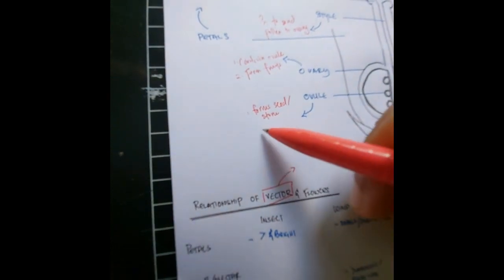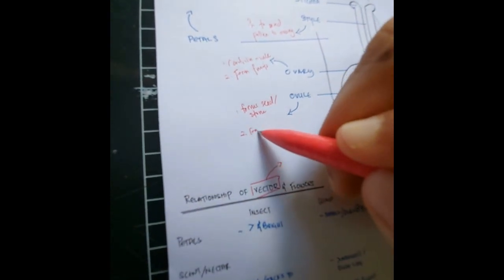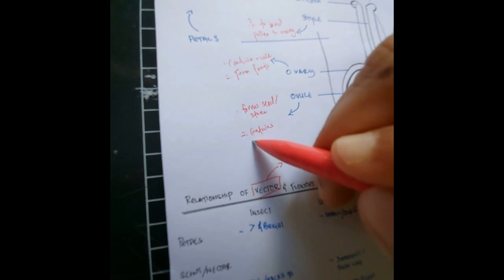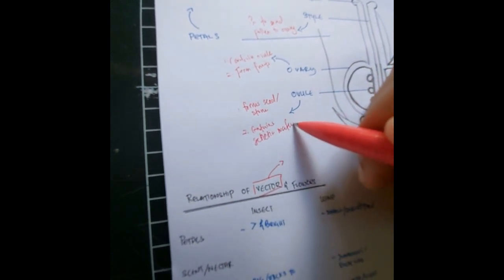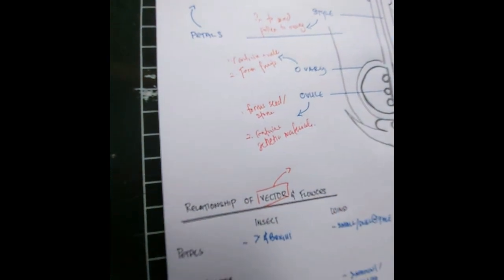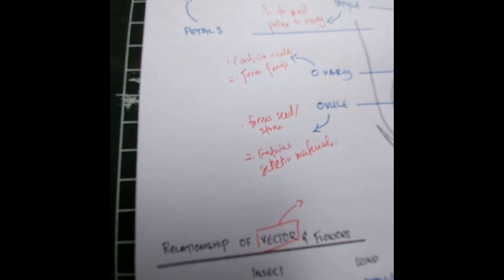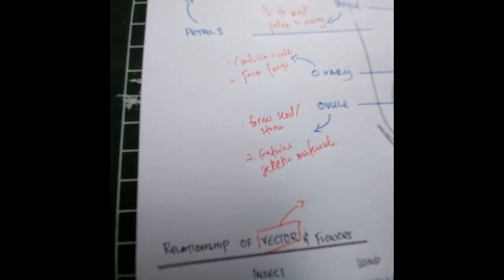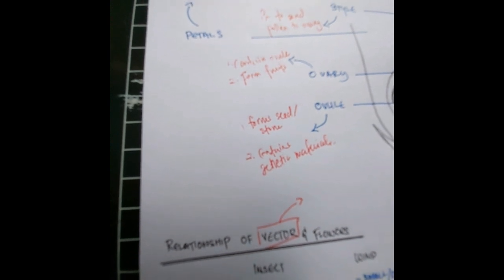Next, this ovule also contains genetic material, which means whatever adaptations that the plant did over its time will be transferred to the seed itself, so that the seed will send it to the progeny.